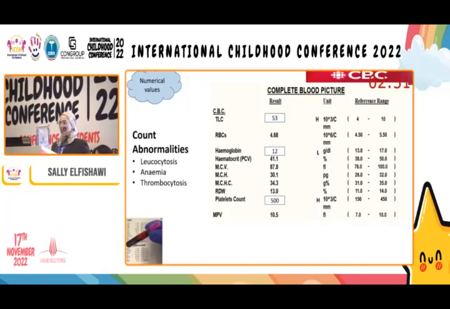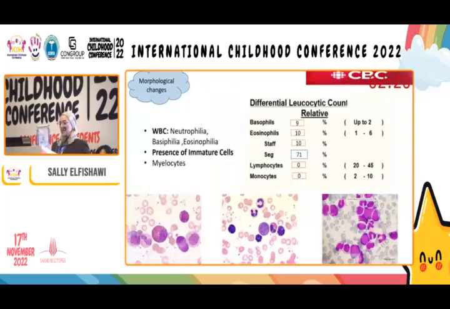So again, whenever you see a high TLC, please look for the morphological abnormalities. In the differential for this child, we found neutrophilia, basophilia, eosinophilia, and myelocytes. So what would you think about this patient, Dr. Mahmoud?